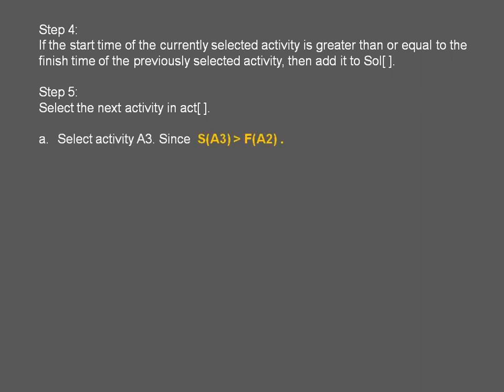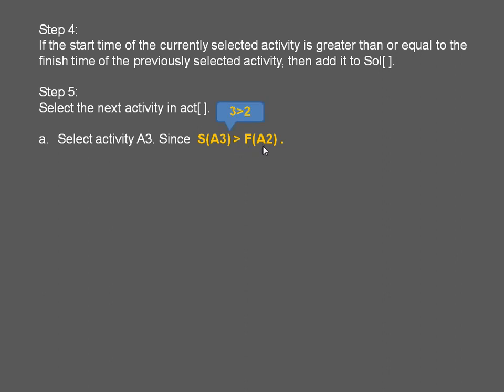So first we select, after A2, the A3 activity. We find the start time of A3 and the finish time of A2, where A2 is the previously selected activity. The start time of A3 is greater than the finish time of A2.